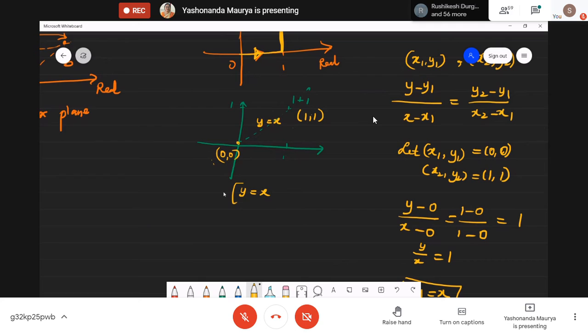This is the line. Now we have to identify, if we want to join which 2 points, we have to join the points 0 and 1 plus I. Now, we have seen this 1 plus I is as good as 1 comma 1. So now this is the case.